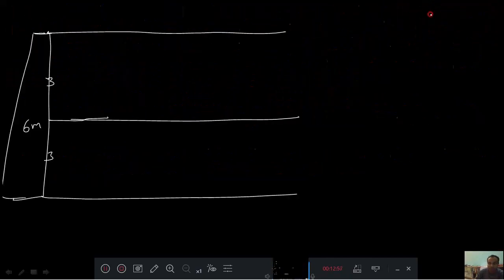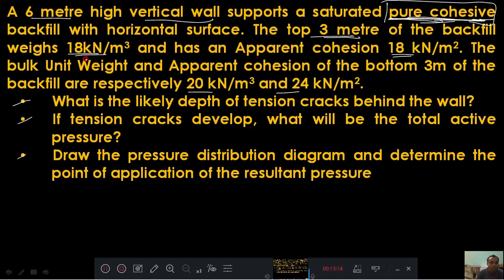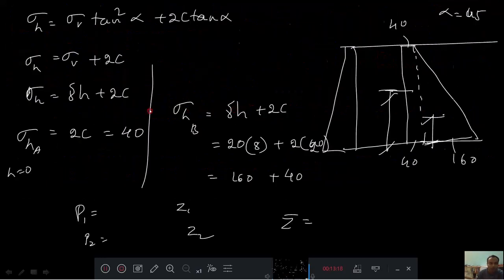Pure cohesive soil means C is present, but phi equals 0, very important. Alpha equals 45 plus phi by 2, therefore alpha equals 45. Concluded.